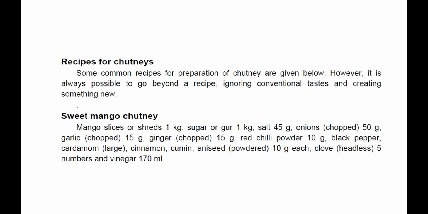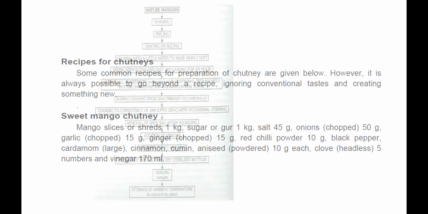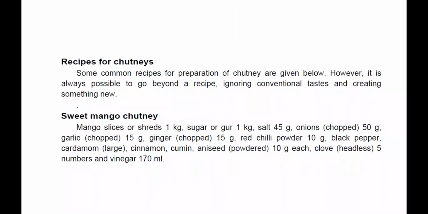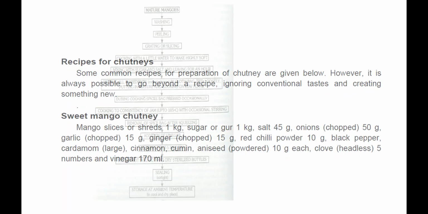Black pepper, large cardamom, cinnamon, cumin, aniseed, 10 gram each you can take, and likewise vinegar 170 ml. Then you just follow the procedure of cooking everything, then grinding, and packing it in the bottle.